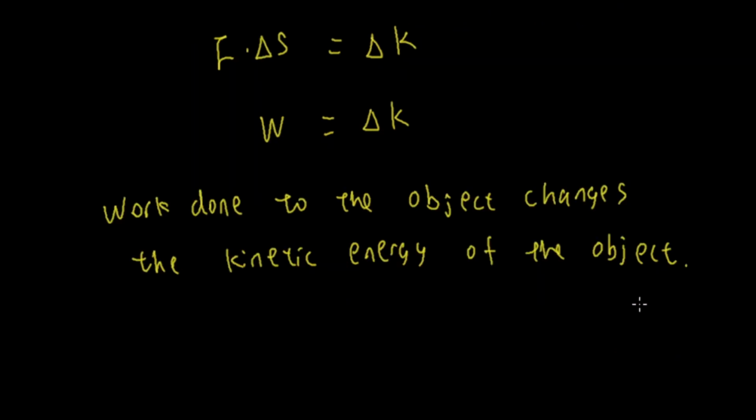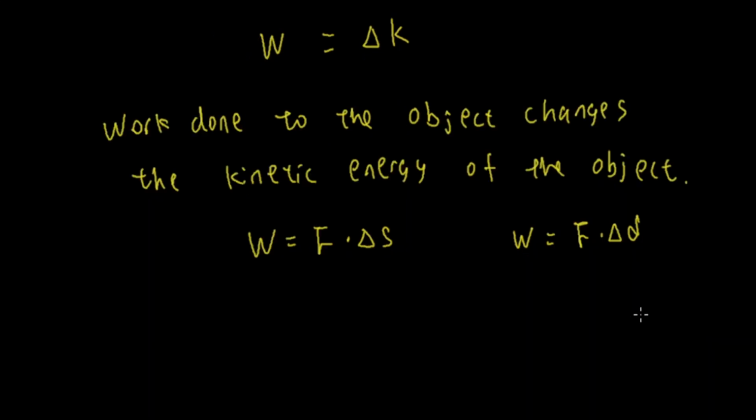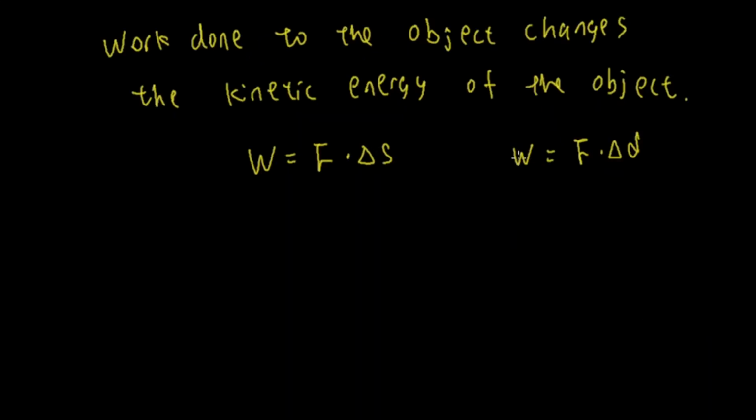Okay, now over here we can say that the formula for work done is force times change in displacement. Now normally maybe you write this as delta D, right? So you have work done equals force times delta D. According to this formula, the force only does work to the object if the object is displaced.